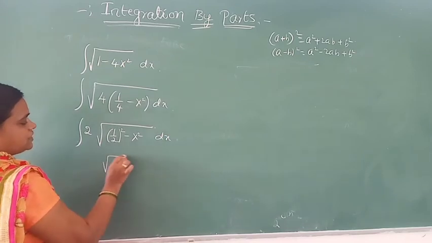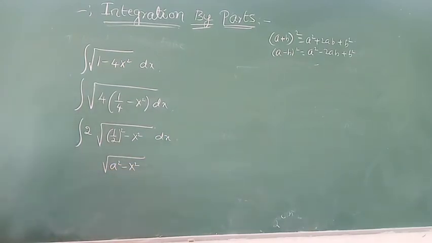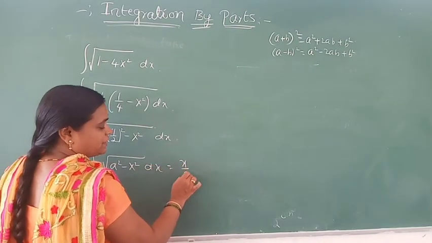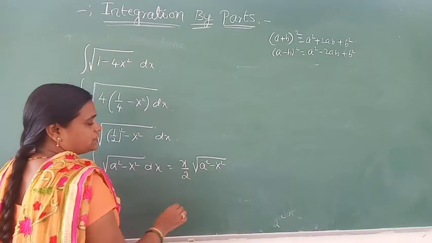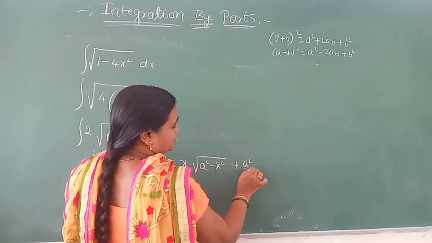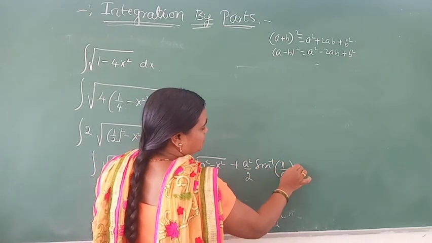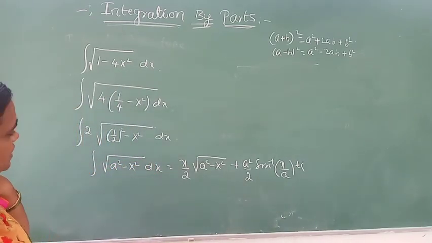This is exactly the form of root of a square minus x square formula. Correct. And we have the formula, that is x by 2 root of a square minus x square, plus a square by 2 sin inverse x by a plus c. This is the formula. What is your x? x is x, a is 1 by 2.